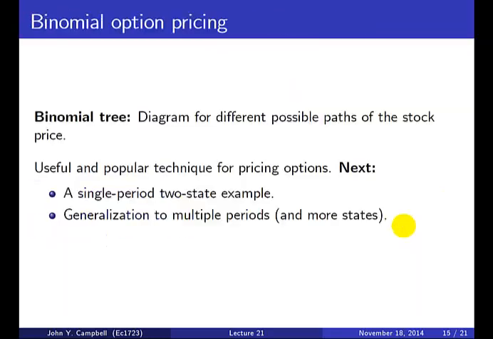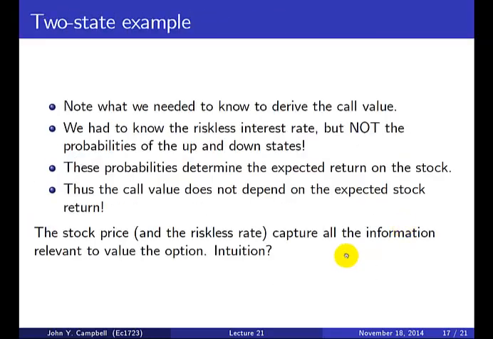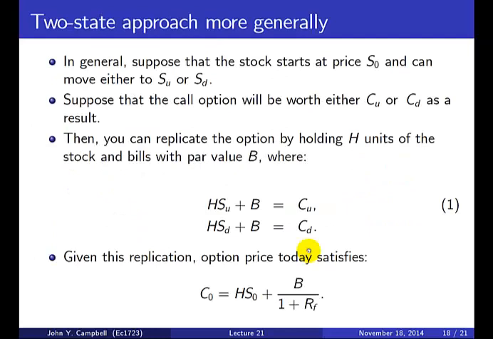So now I'm coming back to the binomial model, and I want to give you a more general way of doing the calculation. So think more generally. Suppose the stock starts at price S0 and can move either to SU or SD, that's up or down. The call option will be worth CU or CD as a result.